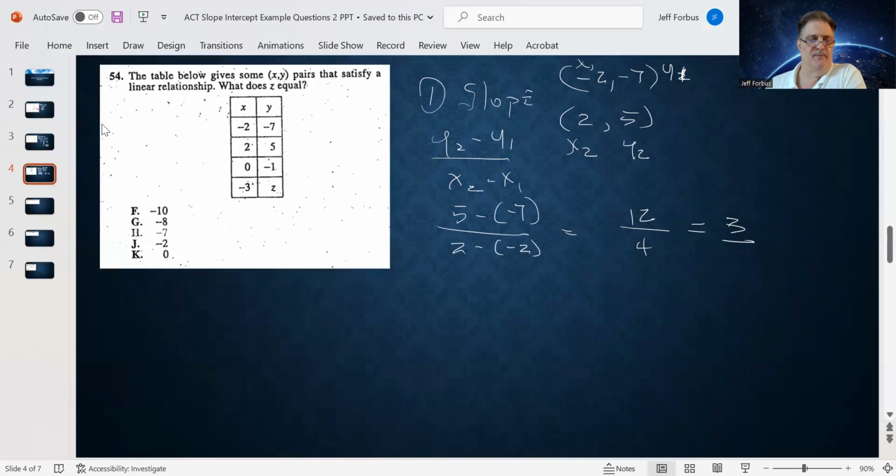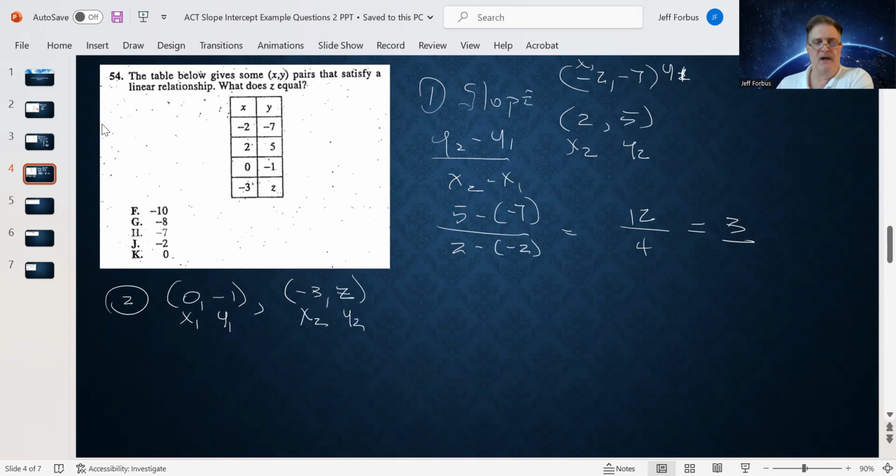So here we go. Let me put it over here. So we can say we're going to use the point 0, -1. We'll make that x sub 1, y sub 1. And then I'm going to use -3 and then Z. And we'll make that x sub 2, y sub 2. Now we're going to use the slope formula. Let's get it set up.